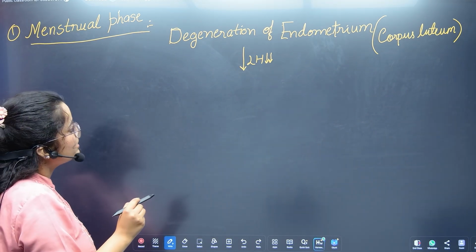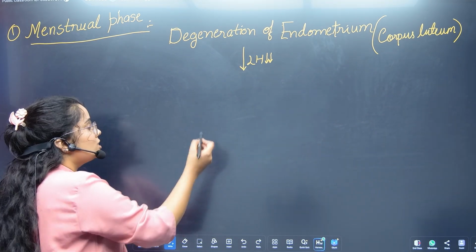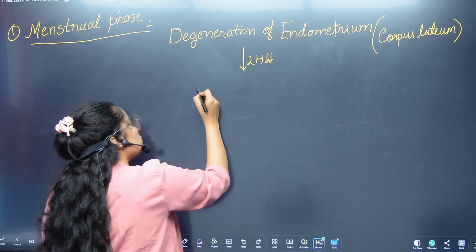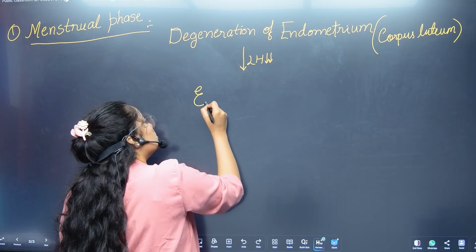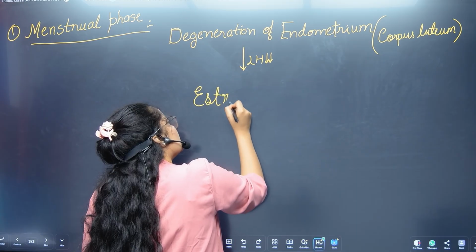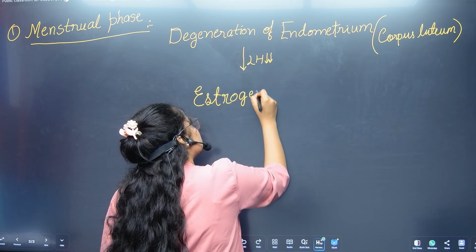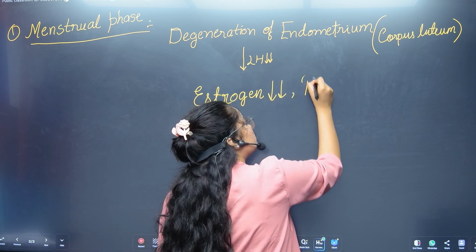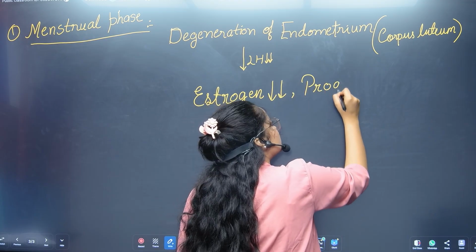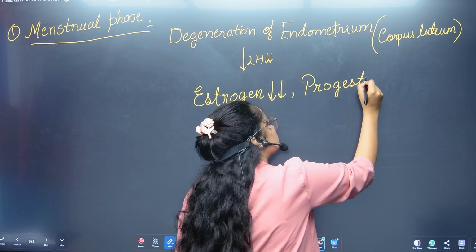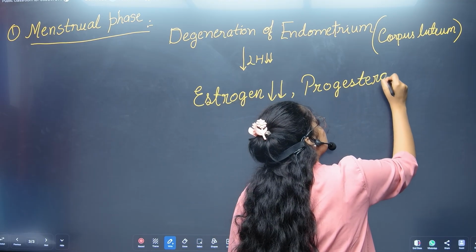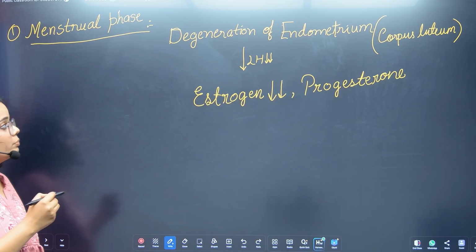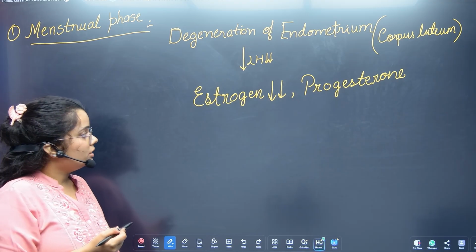But in the menstrual phase there is degeneration of the corpus luteum, which leads to a decrease in the amount of luteinizing hormone, which further leads to the decline in the amount of estrogen and progesterone, which leads to the breakdown of the endometrium and corpus luteum.